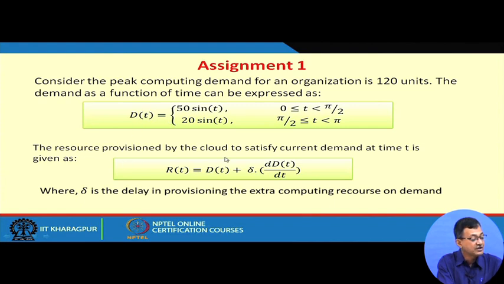The resource provisioning of the cloud to satisfy the current demand at time t is given, where delta t is the delay in provisioning extra computing resources on demand.